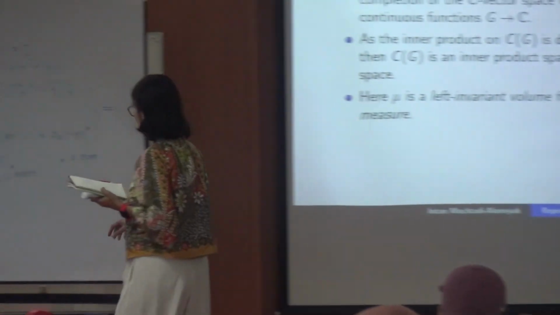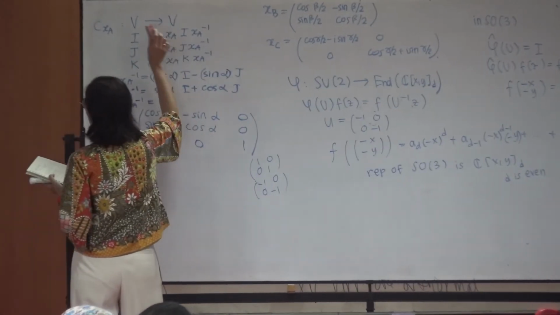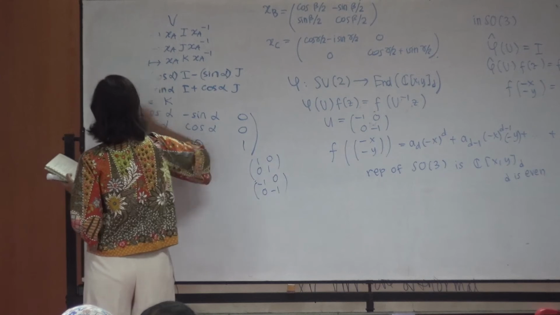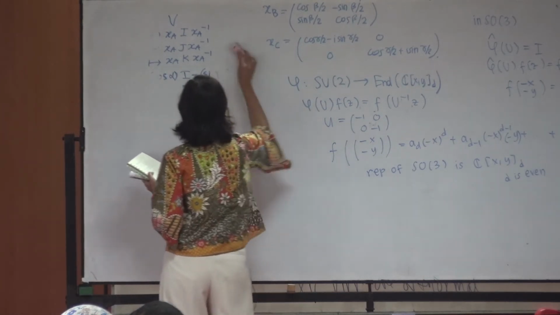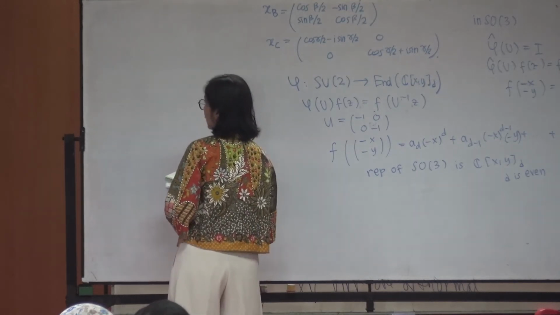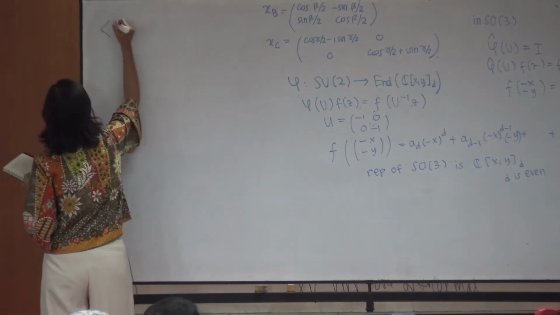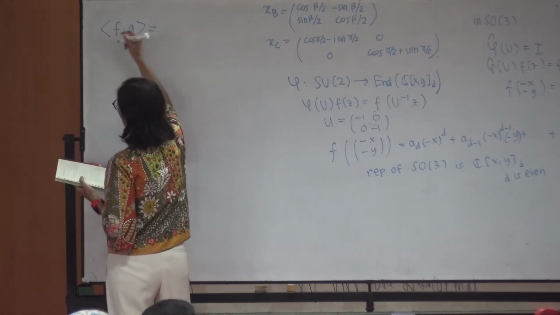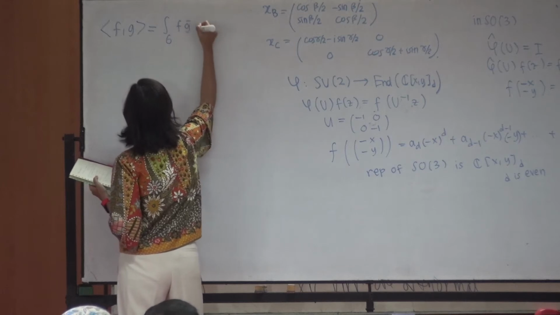So CG is the set of square integrable continuous functions from G to C. And on CG, we define the inner product of f and g as the integral of f g bar mu.